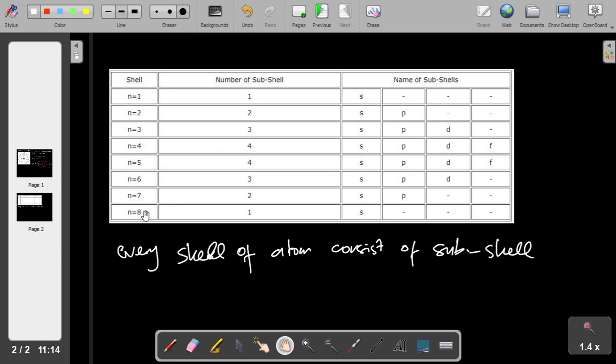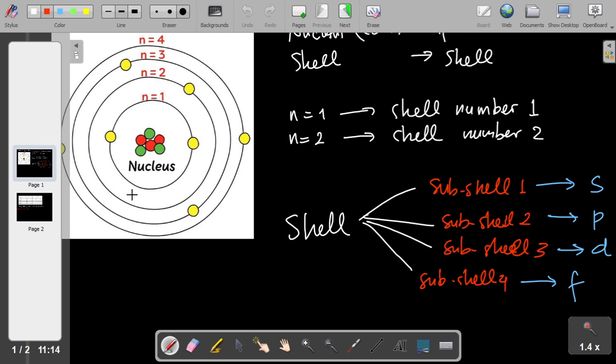The maximum number of N is 8, so the maximum number of shells is only 8: 1, 2, 3, 4, 5, 6, 7, and 8.